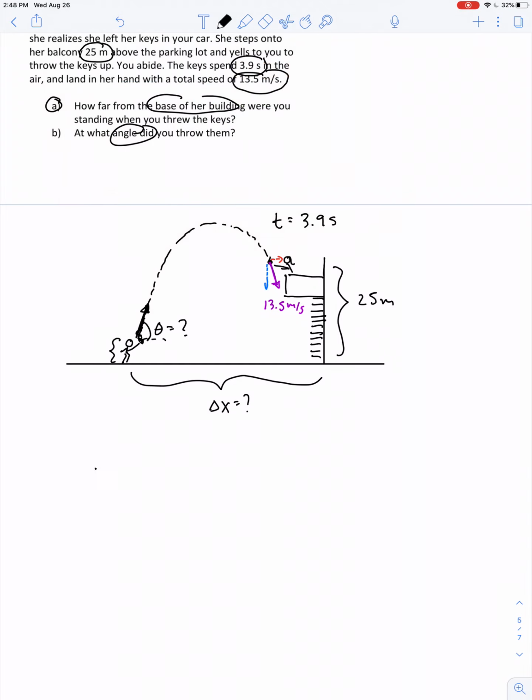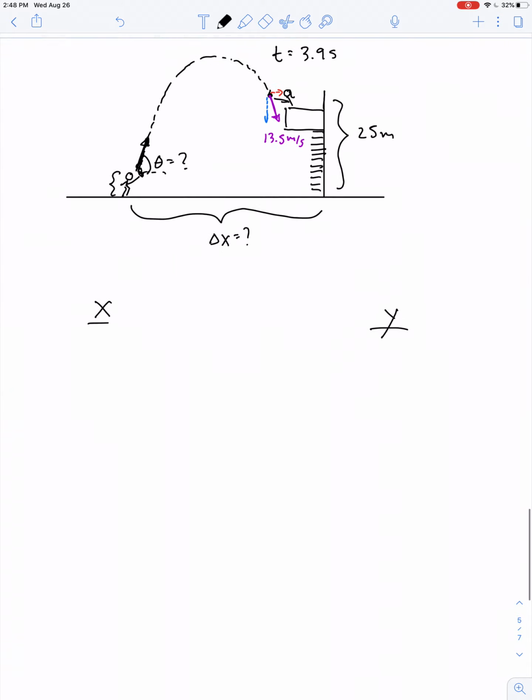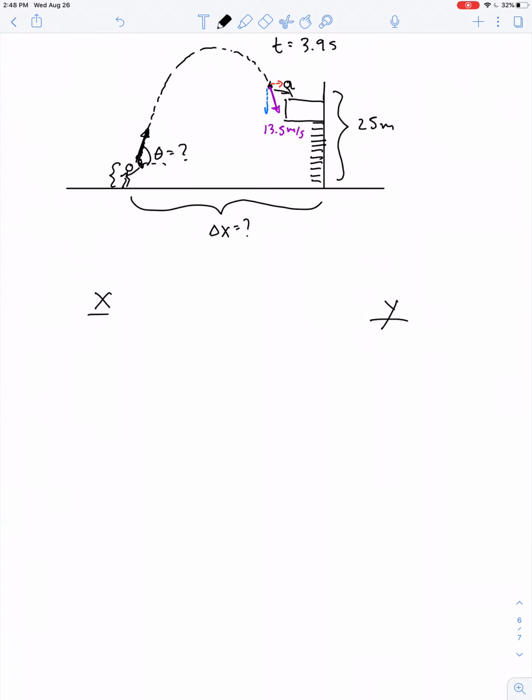As always, we're going to treat horizontal motion and vertical motion as separate from one another. I think we need to zoom in on this vector diagram a little bit. So let's see. We've got a displacement, and we'll put the origin here.